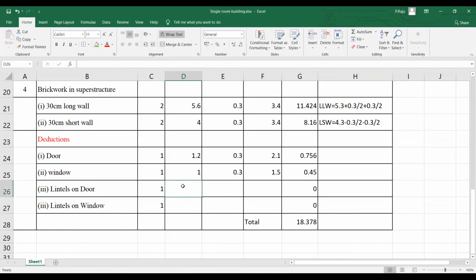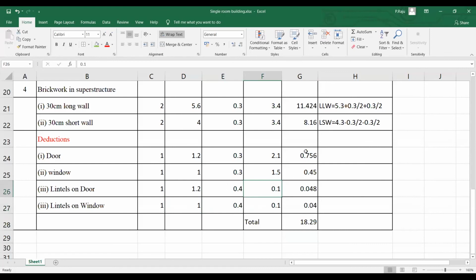So what dimension have we considered here? You can directly give the length. Length is 1.2 by breadth is 0.4, height is 0.1. This is for door lintel, and for window lintel it is 1 multiplied by 0.4 multiplied by 0.1.